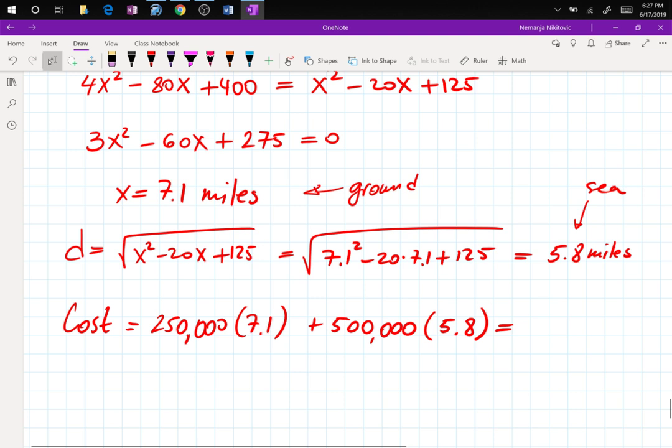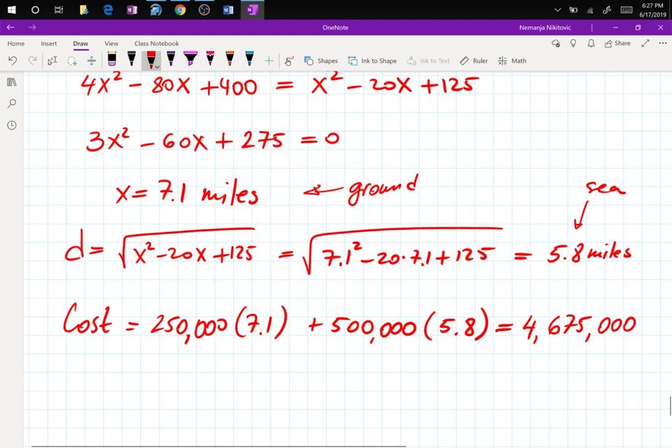So I have 7.1 times a quarter plus 5.8 times a half. It gives me 4,675,000 on the cost.